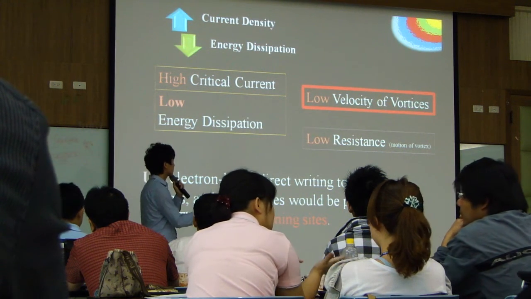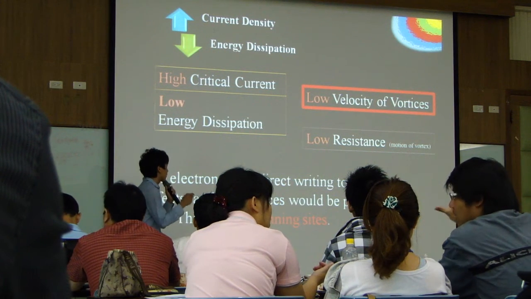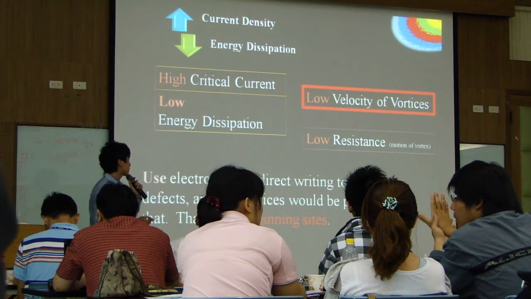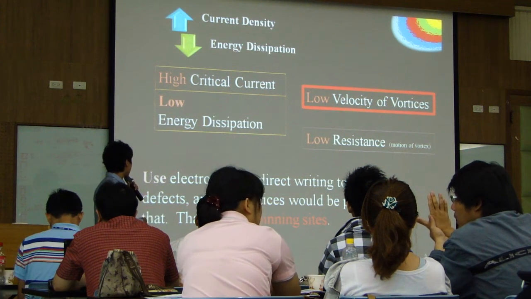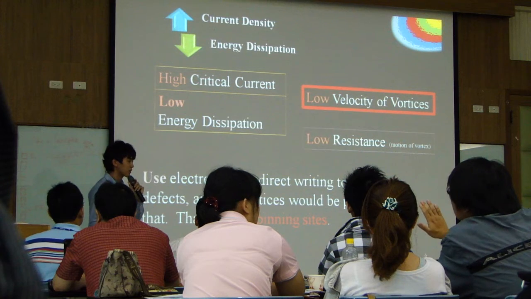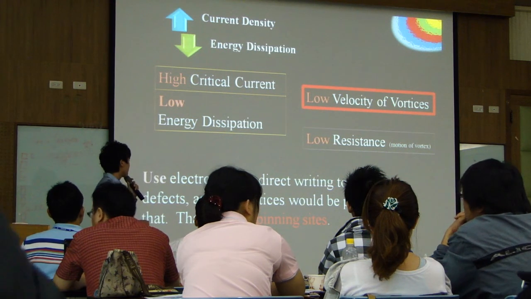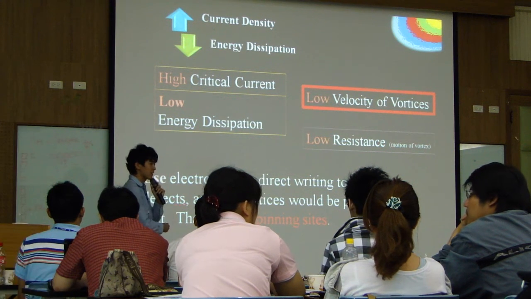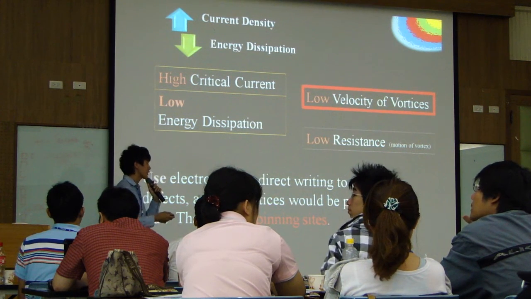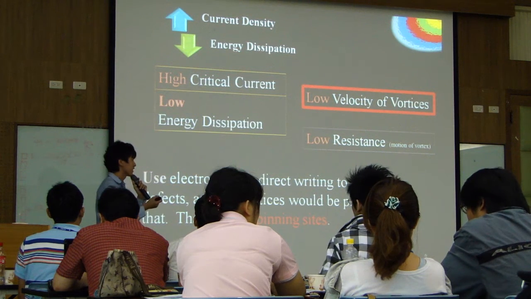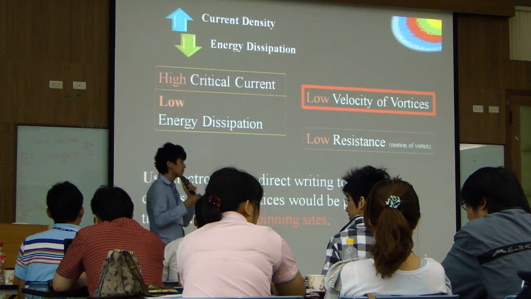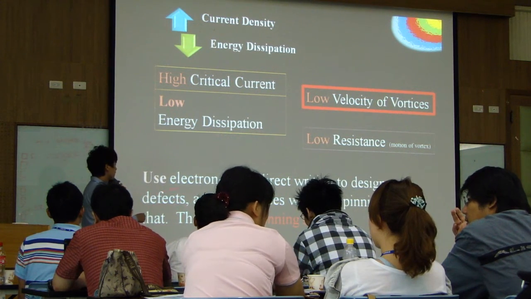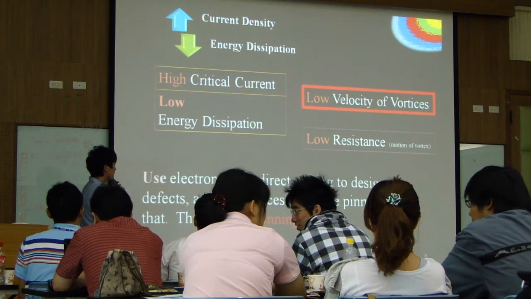So what we have to do is lower the velocity of the vortex. We use nanofabrication techniques to design defects in the superconductor. The vortex will be pinned by the defects. That means the vortex won't move. The velocity of the vortex will be zero, or similar to zero. And these defects that pin the vortex, we call them pinning sites.